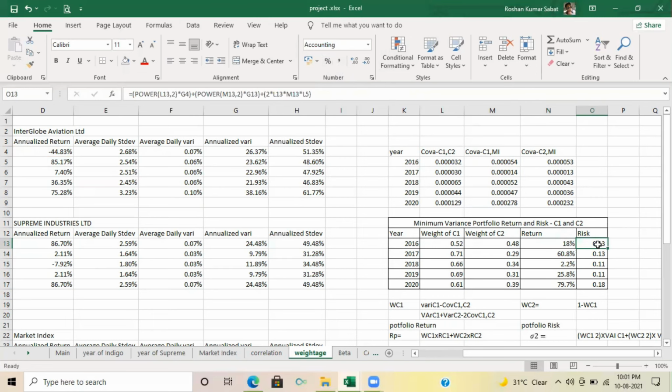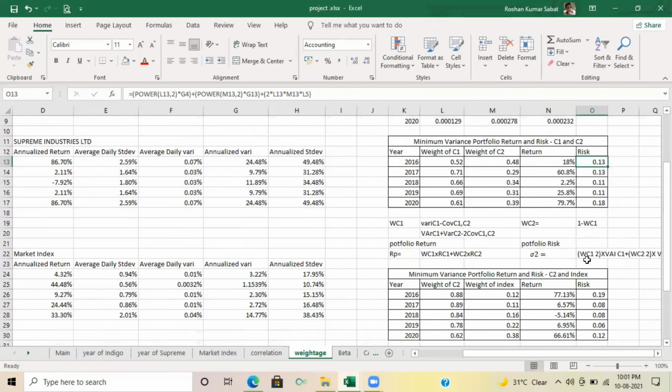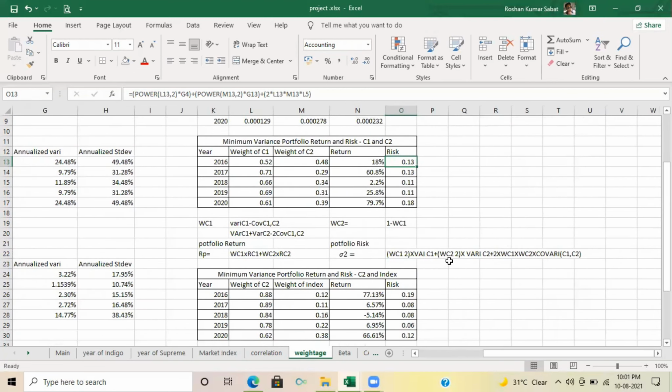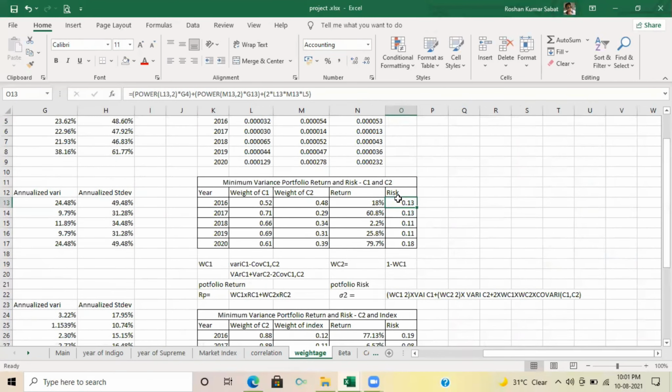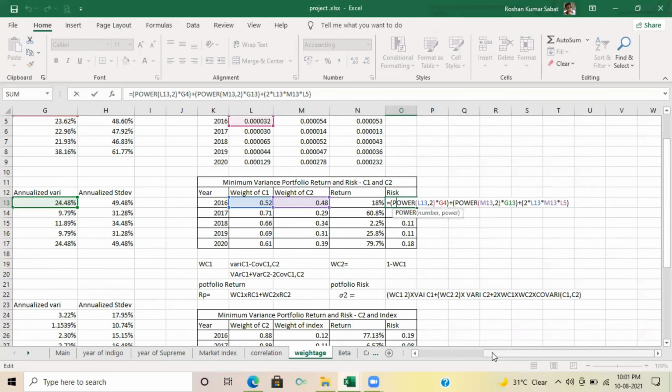Now come to the risk. The formula for risk is the weight of C1 squared into the variance of C1, plus the weight of C2 squared into the variance of C2, plus 2 into the weightage of C1 into the weightage of C2 into the covariance of C1 and C2. We go for this.